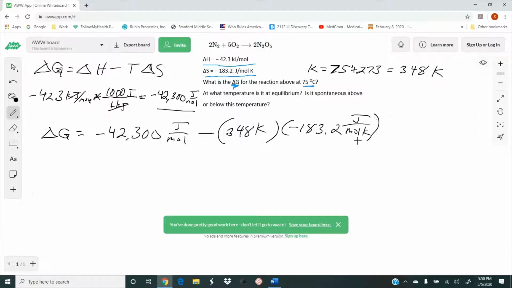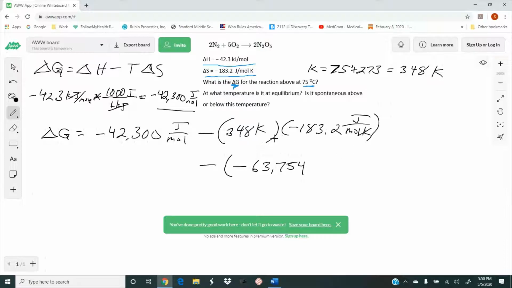So the first thing I've got to do is multiply these two out and get an answer right there. 348 times negative 183.2 is going to give you negative 63,754.